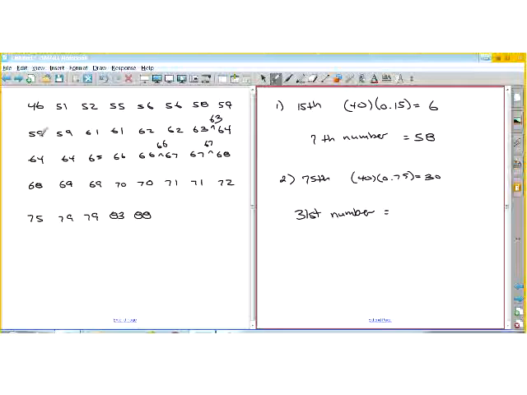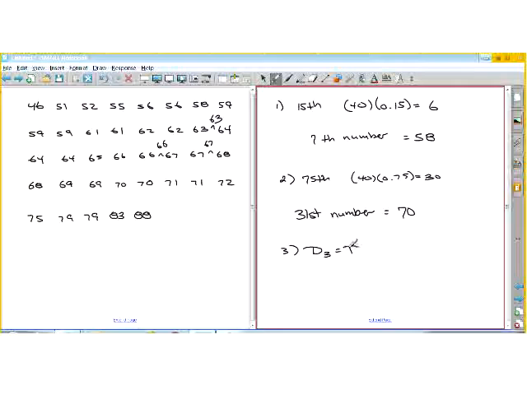So counting up to 31, we get 70. So 70 is the number, which is also correct.